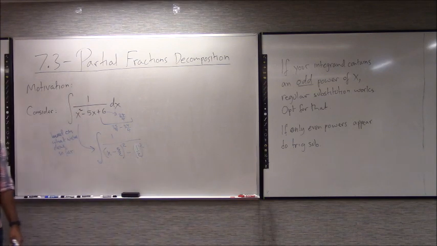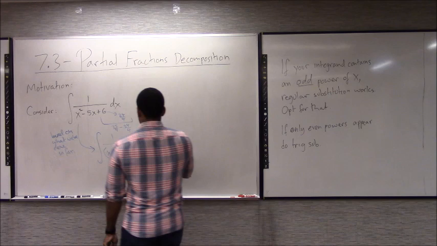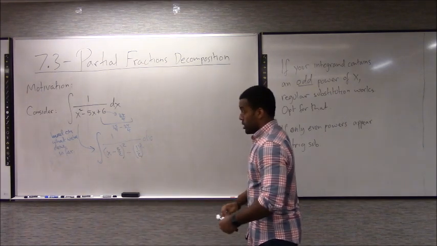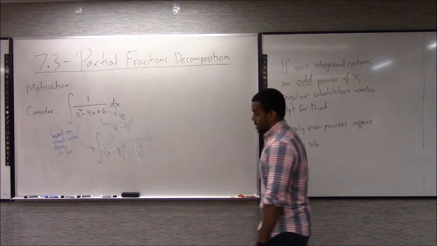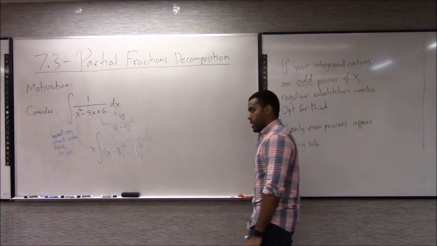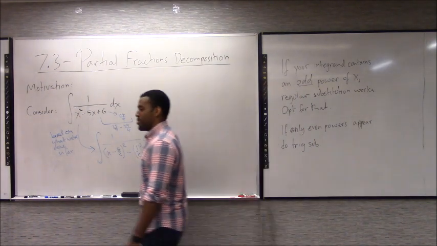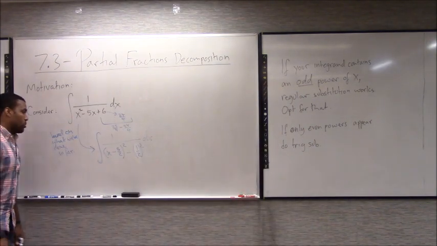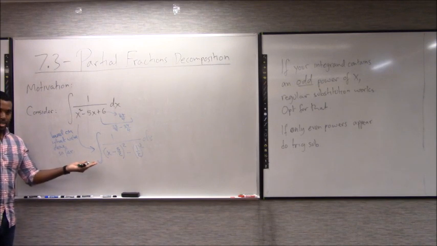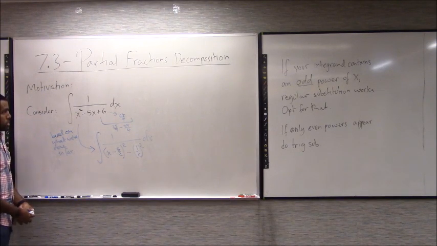So now I'm in a situation where by completing the square, trig substitution can actually deal with this guy. Just let x minus 5 over 2 equals 1/2 secant theta. Now, obviously that's pretty annoying.